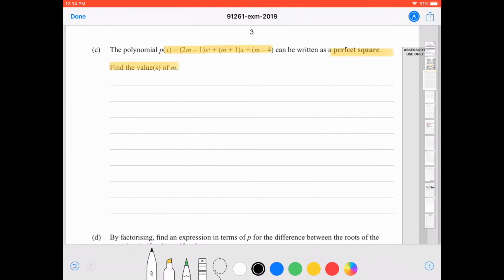And we've been asked to find the value of m, so p of x equals, and we've got this equation here, 2m minus 1 x squared plus, not x, but m plus 1 times x plus m minus 4. Okay, we've been asked to find the value of m.